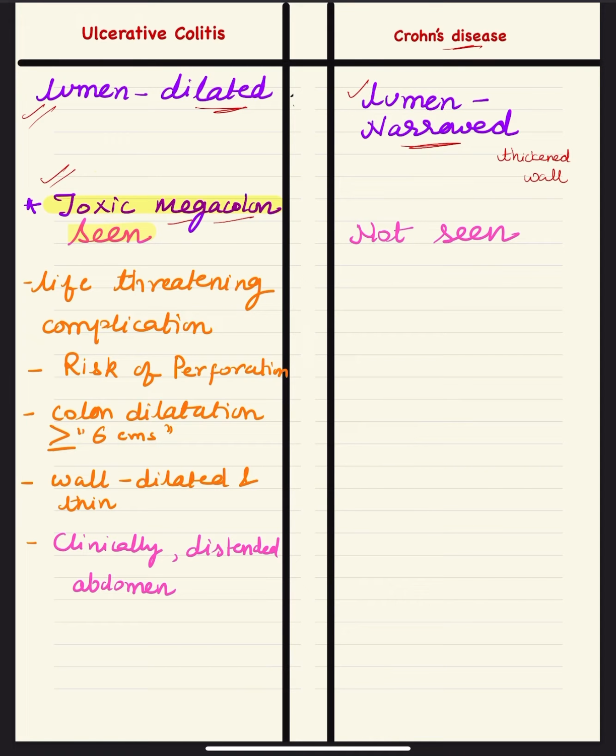The colon is dilated, and it is a life-threatening complication with risk of perforation. The criterion for toxic megacolon is colon dilatation of more than or equal to 6 centimeters. You have to remember this value. The wall becomes dilated and thin, and clinically the patient comes with a distended abdomen. This is seen with ulcerative colitis. You have to remember toxic megacolon.